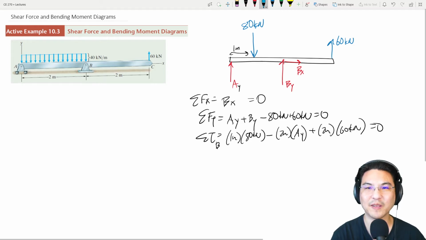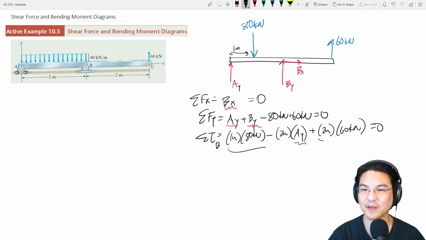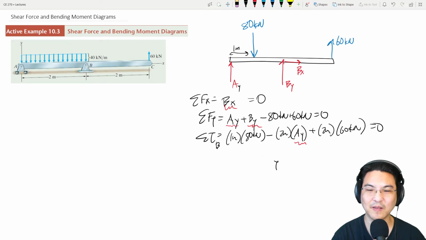Okay, let me point out the unknowns. Here, here, here, here. So what do you want to solve for? Bx is 0. For AY, there's only one unknown here. So we got 80 plus 120, so that's 200 equals 2AY. Okay, so AY is 100.